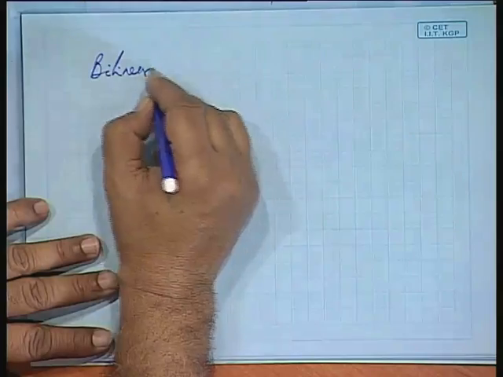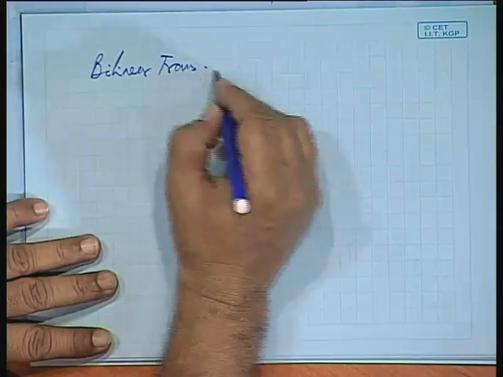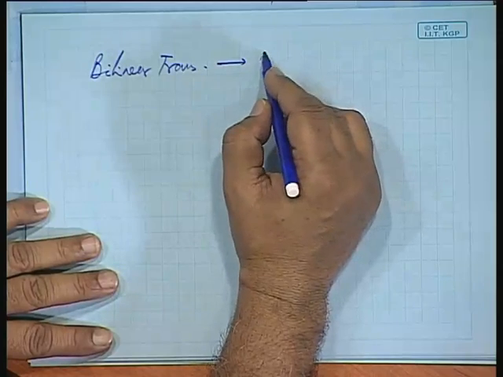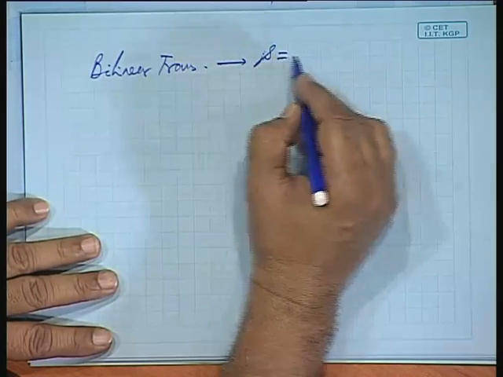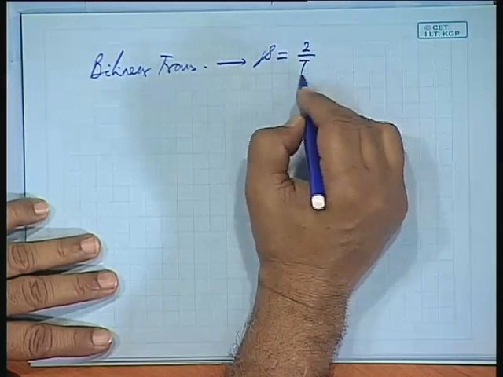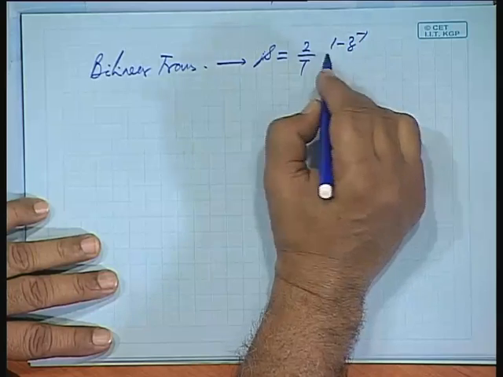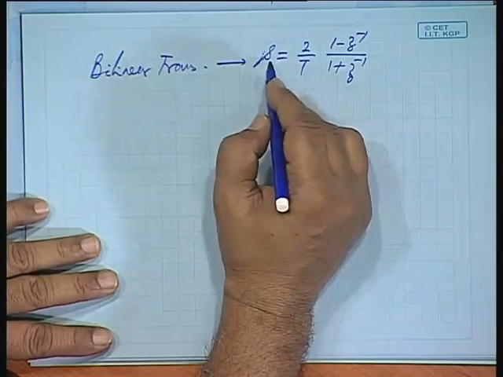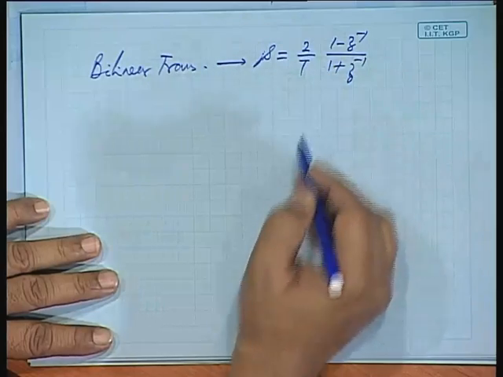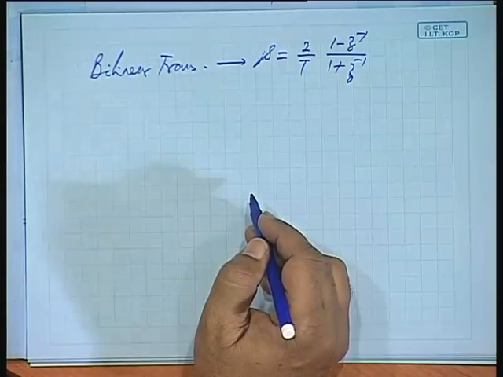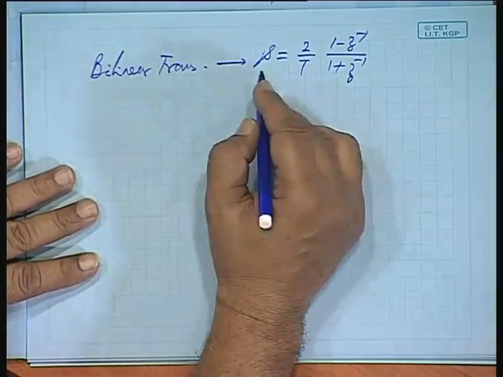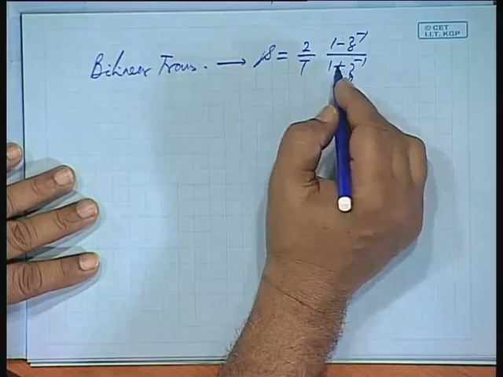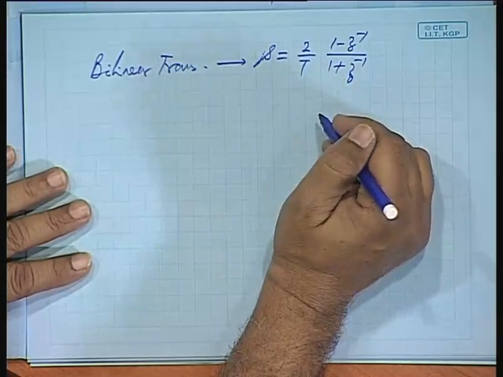So, bilinear transform gave us s equal to 2 by T times (1 minus z inverse) by (1 plus z inverse). Wherever there is an s, you replace it by this, whether it is a Butterworth design or Chebyshev design, just a direct substitution of s with this.